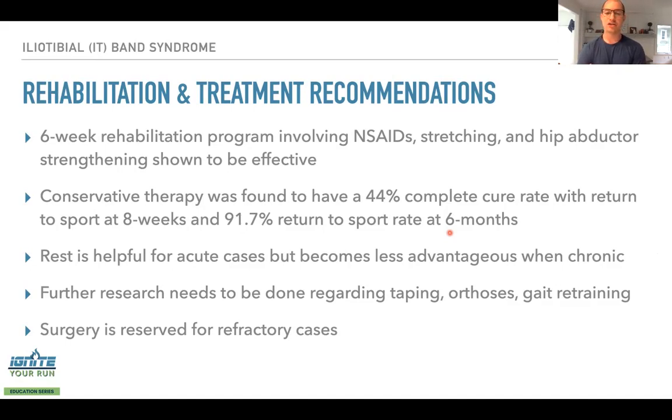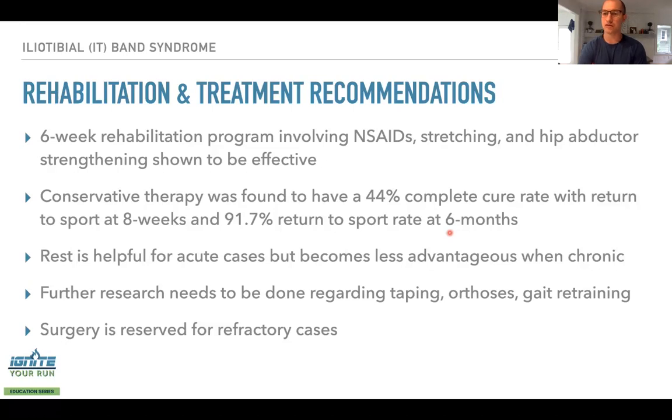But conservative therapy, if we're trying to treat this in a non-surgical way, so rehabilitation, some kind of treatment, manual therapy, it does take some time to resolve. So 44% of people are able to return to sport within 8 weeks. 91% of people are able to return to sport in 6 months. So that's why typically if I see someone with IT band syndrome, I tell them this could maybe take up to 4 to 6 months to get better.